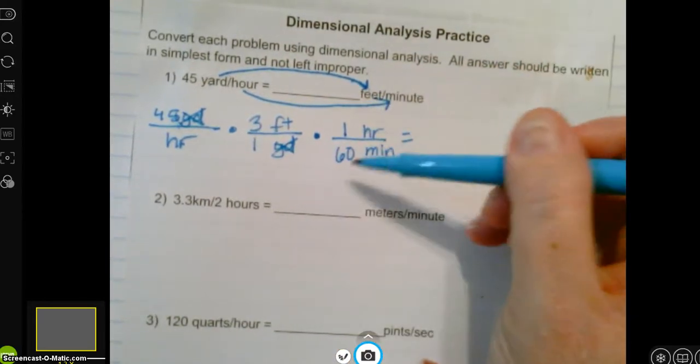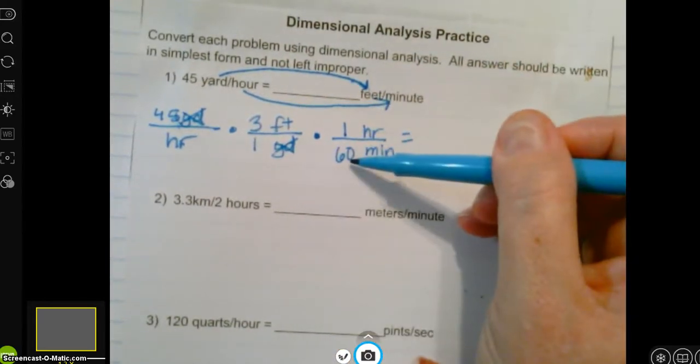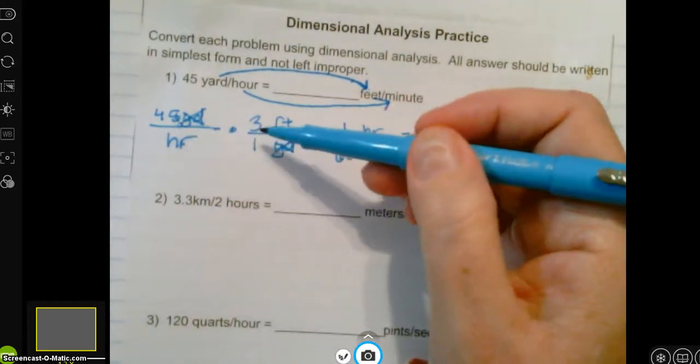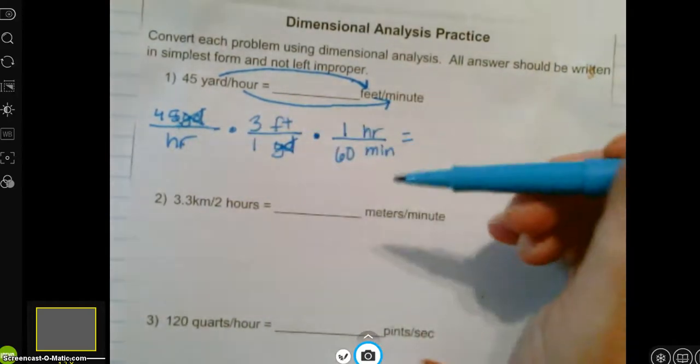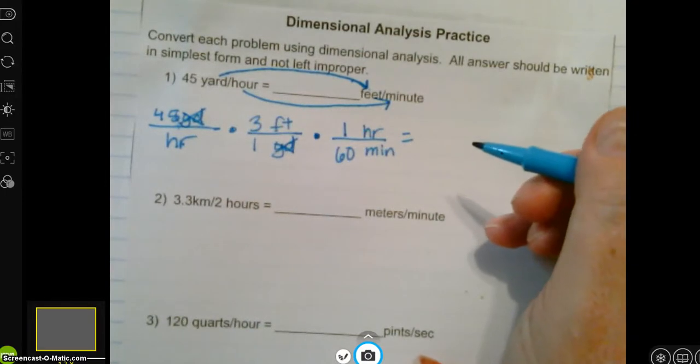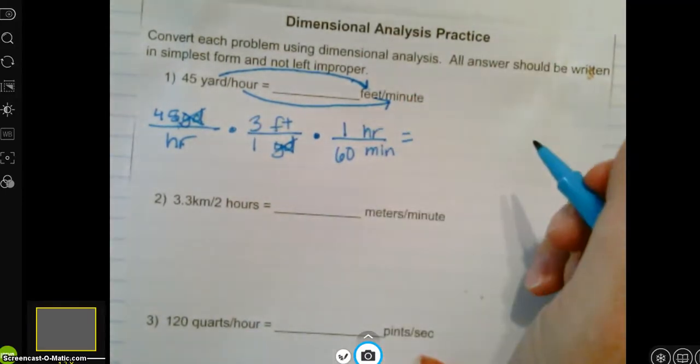Now, what I do notice is that there is a 0 on bottom here, but that's not a 0. No 0 on top. So I can't do that super easy conversion, okay? But what I can do, though, is I do know there is a relationship between 3 and 60.